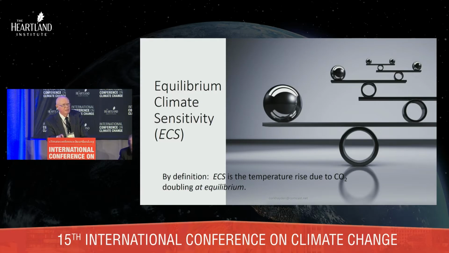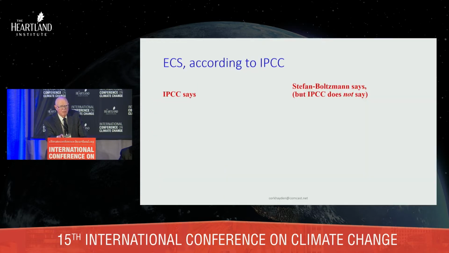And by definition, the sensitivity is a temperature. It is the temperature rise to be expected from a doubling of CO2. Okay, so the ECS, according to the IPCC, is that the most probable value is 3 degrees.